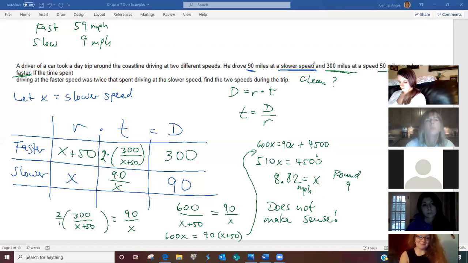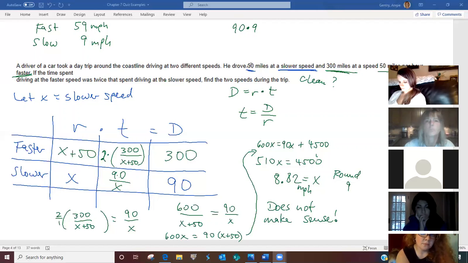He drove 90 miles at a slower speed. So if I went 90 miles times 9 miles per hour, or times miles per hour, you see how these then stuff cancels. Hang on a minute. But I'm not gonna worry about these little things.